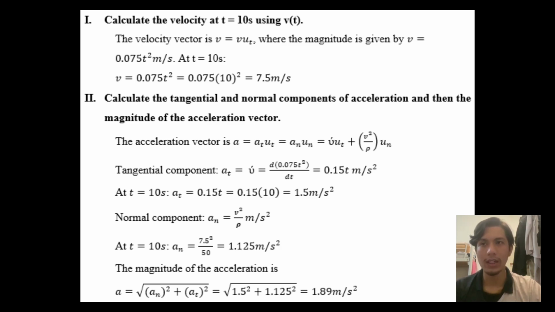After that, we calculate the tangential component and the normal component of acceleration, and then we calculate the magnitude of the acceleration vector from the acceleration vector formula, which is A equals AT UT plus AN UN.